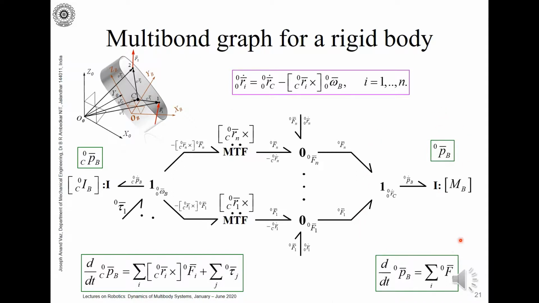So here we have on the right hand side the translational motion of the rigid body, and on the left hand side we have the formulation of the rotary motion of the rigid body.